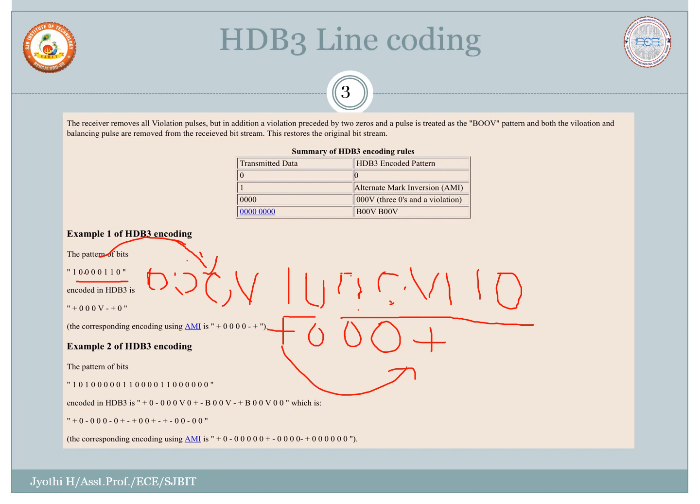From the bipolar rules it has to be negative, but it is violating the rules of bipolar, so it retains the same polarity as the previous one. Since the previous is positive, the next one becomes the bipolar bit, so it becomes negative, the next one becomes positive, and the last 0 stays as it is.